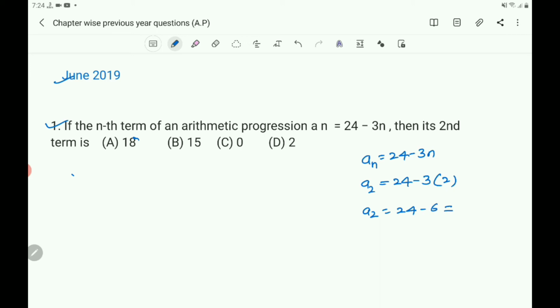How much will you get? That is 18. So option A is the answer. Write that answer: A. Option A is the answer, that is 18.